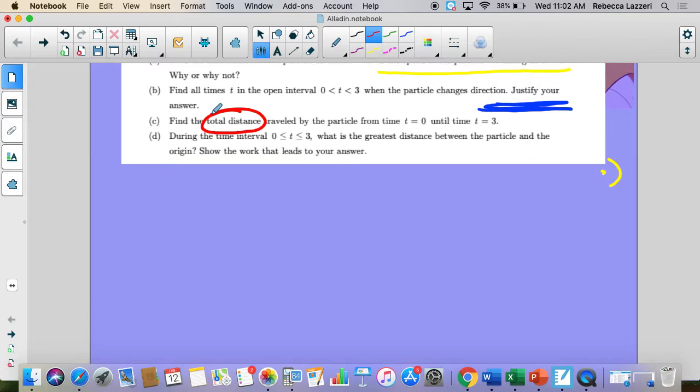Listen carefully. You never want to find area, total distance traveled, volume, or any of these things without looking at a graph. I love seeing all your graphs on your paper, because it might have changed direction.